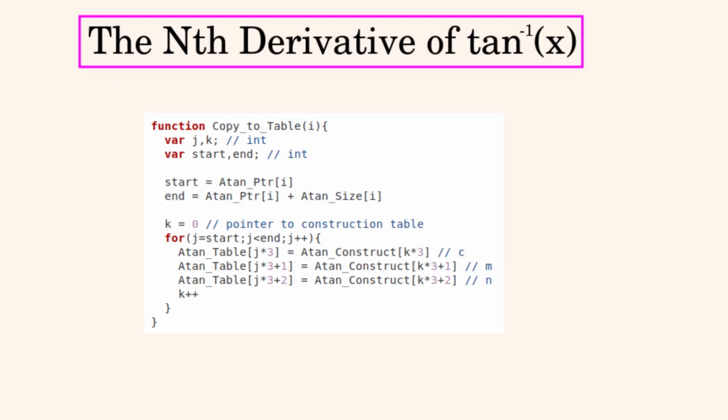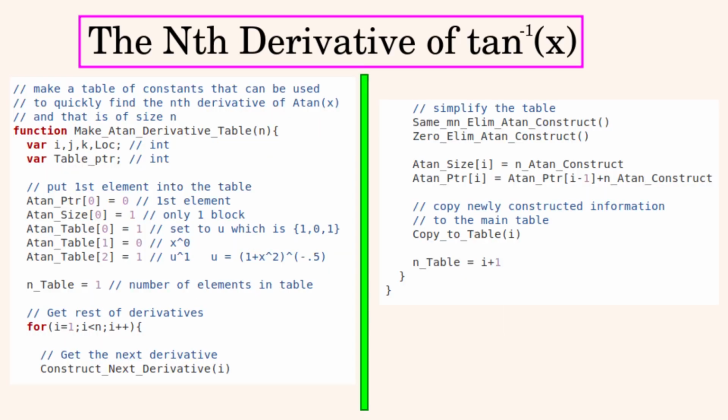This function copies the newly created derivative into the derivatives table. This function creates an entire table using the 4 previous functions. It is mostly the same for all of the derivative finding programs. Its initial input contains different variables, but the data is the same.